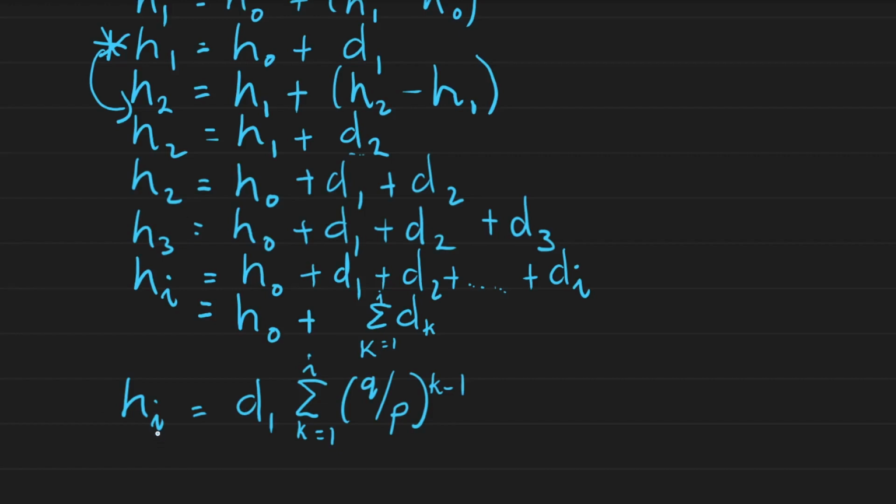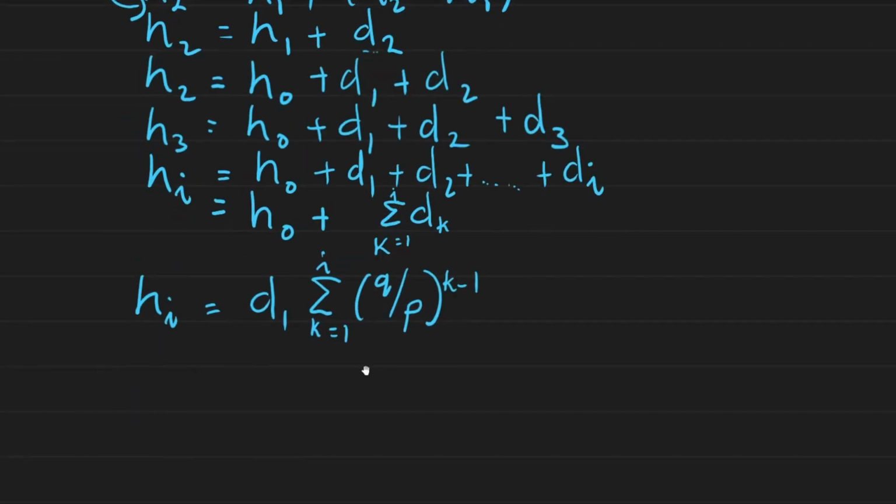So writing this a bit differently, we can say that hi is equal to d1 times the sum of q over p to the power k, and k now starts from 0 and goes all the way to i minus 1. So it's the exact same sum. I've just changed the bounds.